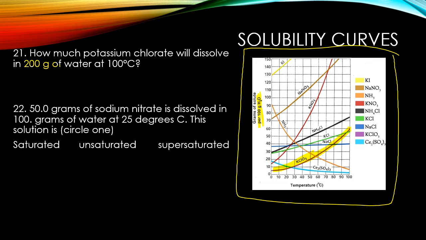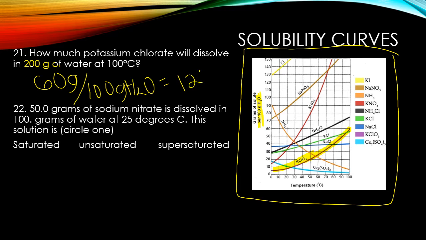At 100 degrees, about 60 grams can dissolve in 100 grams of water. If I double the water, that means I can double the amount of solute that can dissolve, so 120 grams. Because 60 times 2 is 120.